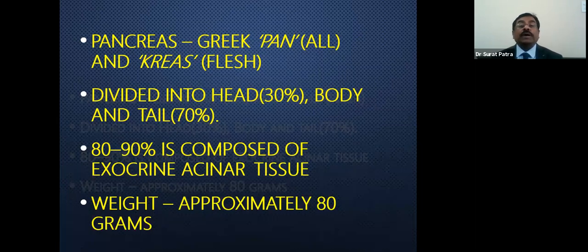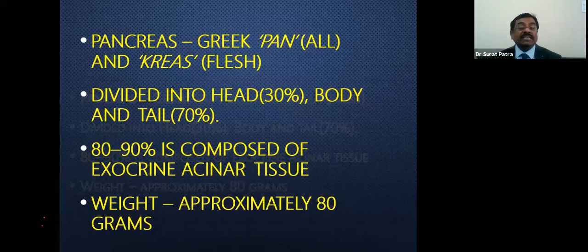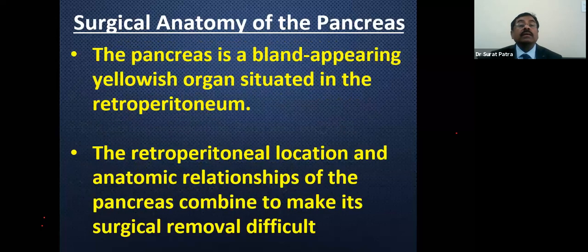It is divided into head, body, and tail. 80 to 90% is composed of exocrine acinar tissue. The weight is approximately 80 grams. Surgical anatomy: the pancreas is a bland appearing yellowish organ situated in the retroperitoneum.